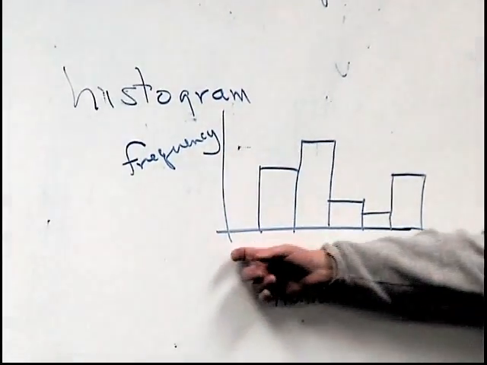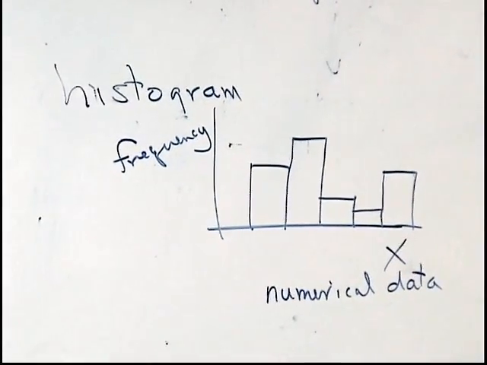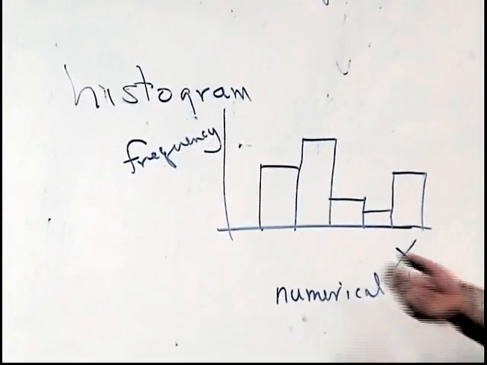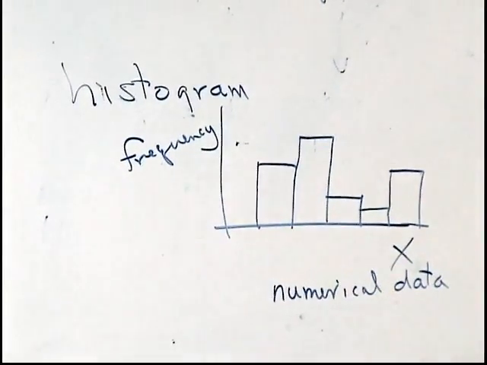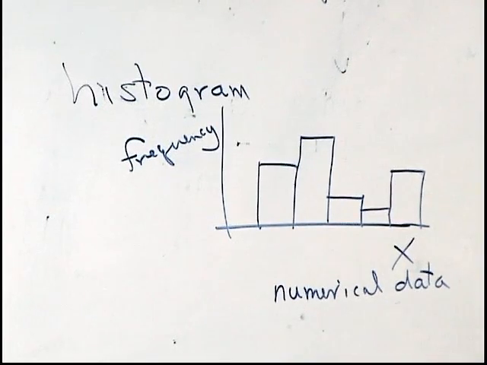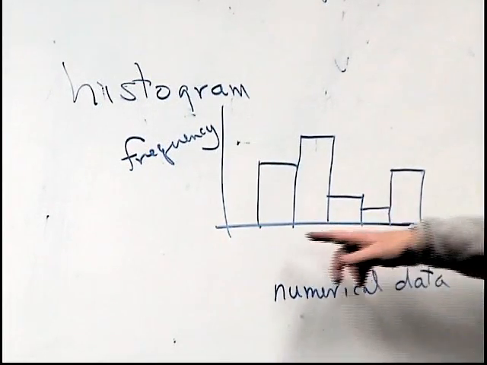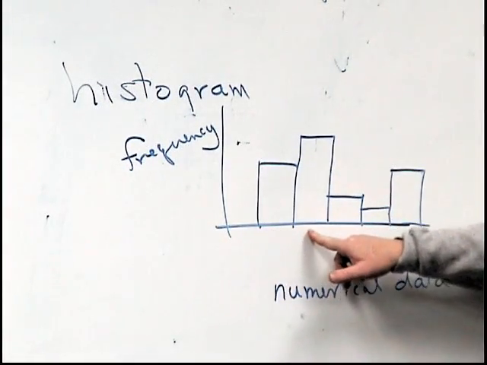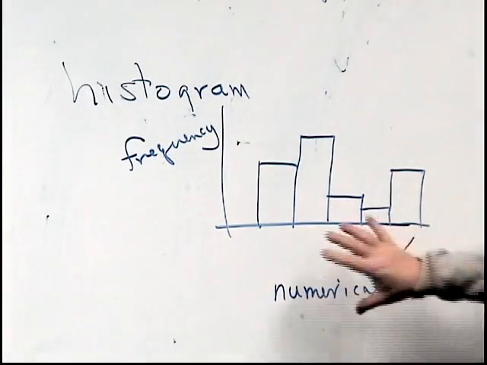So that means this could be family income. And we could divide incomes into a group of categories and then take our sample of families and count how many had low incomes, lower middle, middle, and so on, whatever those groups were.